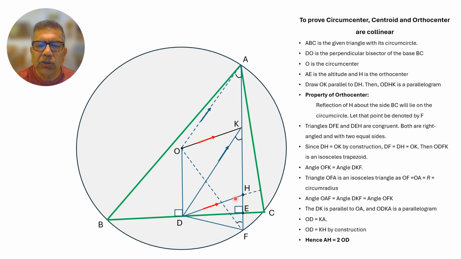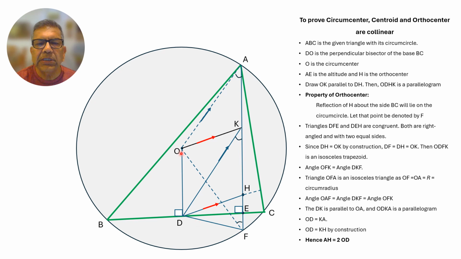Now if you look at these two triangles, DEF and DEH, both are congruent because D is the common side, HE equal to EF because they are reflection, and this angle is 90 degrees. So both these right angle triangles are congruent. That means the length DH equals length DF.